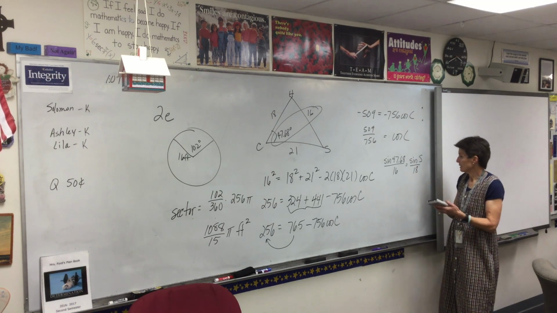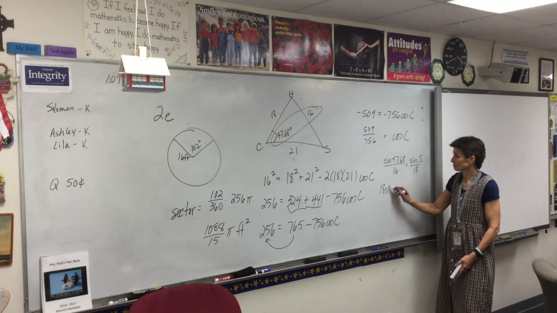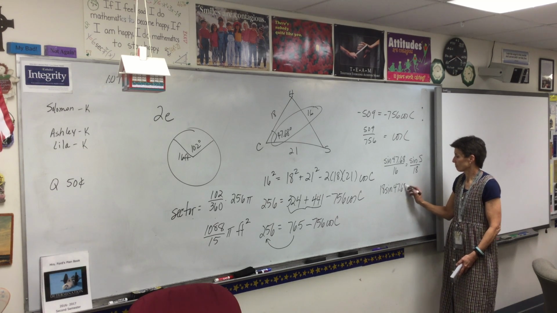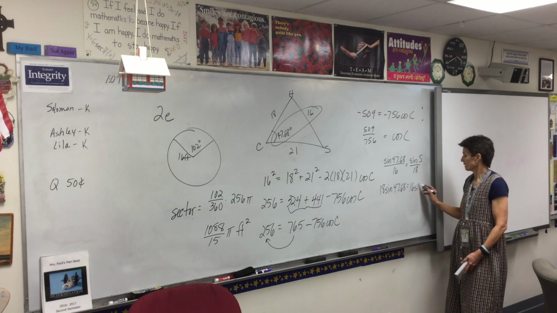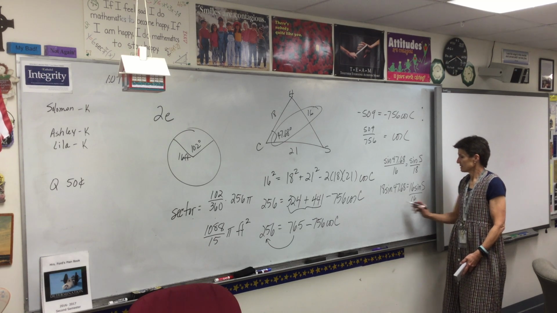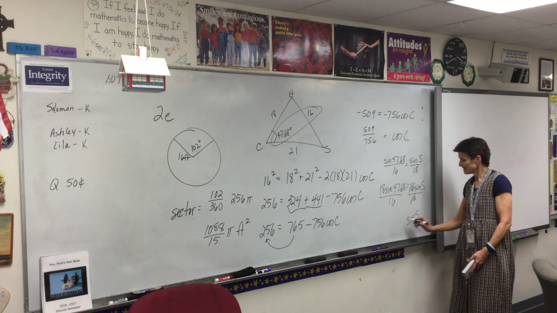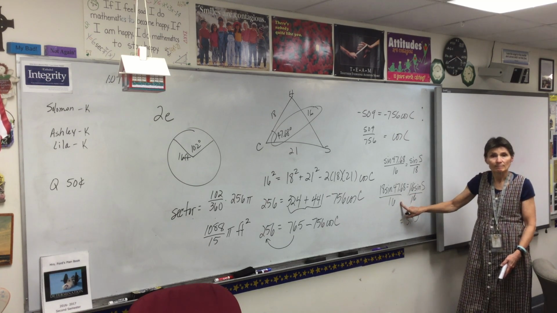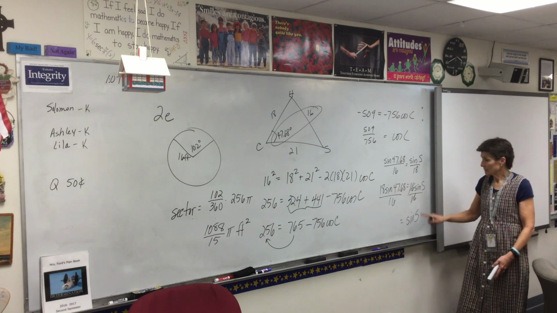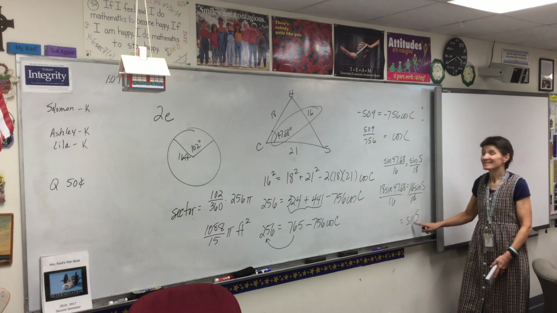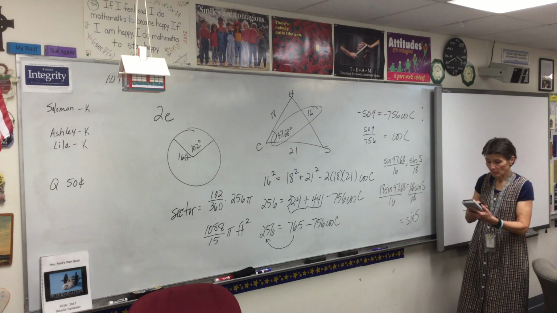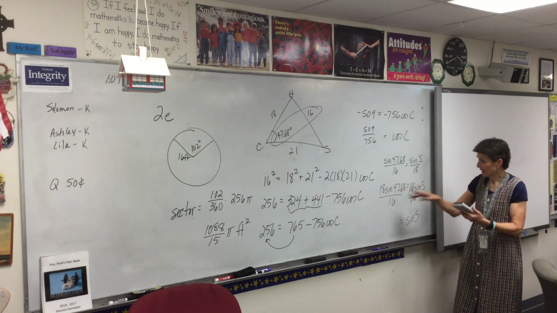All right, so I'm going to cross multiply here, and then I'll divide by 16. So now sine S equals this. Now it's not S equals, it's sine S equals. So I'm going to inverse sine that fraction.